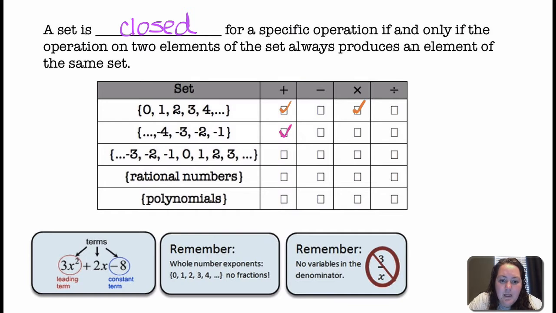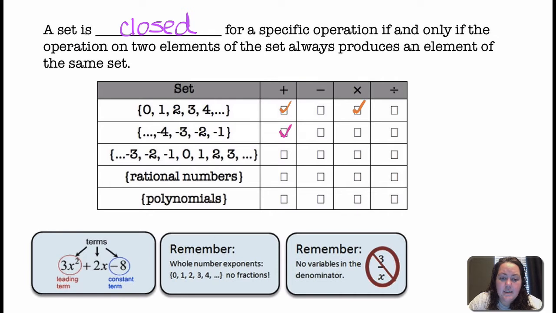If I multiply a negative times a negative, I'm going to get a positive, so that is not closed under multiplication. And if I divide, a negative divided by a negative would give me a positive. So the negative integers are only closed under addition.